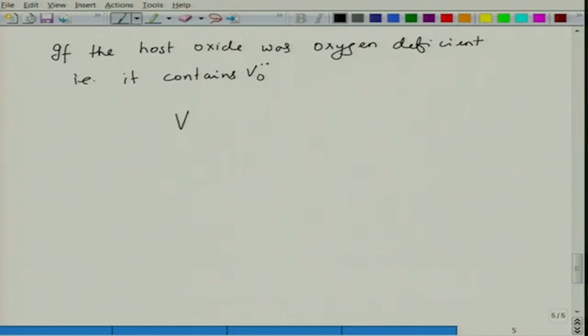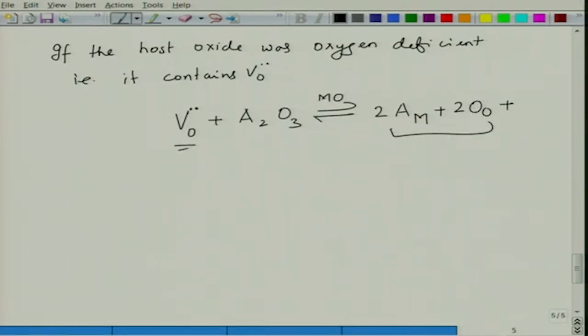You have oxygen vacancies present in the system, which means if I am doping the oxide with a higher valence oxide, I am bringing in extra oxygen to the system. So, if I am bringing in A2O3 and this goes to MO, then basically 2 A's go to M site, 2 O's go to oxygen site to maintain the site stoichiometry, but you have one oxygen vacant site.